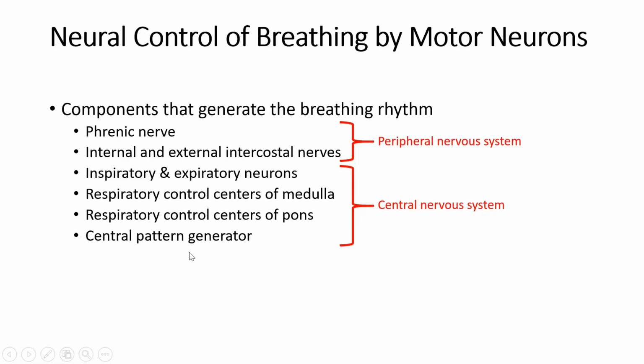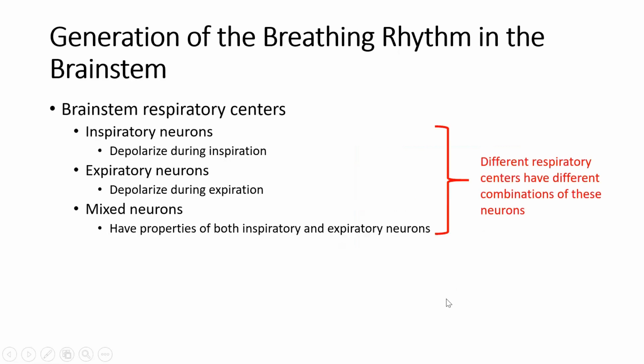Now, again, there's a lot that we don't quite understand about the central pattern generator, where it's located or how it behaves, but we do know that there's something else that these centers are feeding into that is then controlling the pattern, okay? Within these different respiratory centers in the medulla and the pons, we've got different types of neurons.